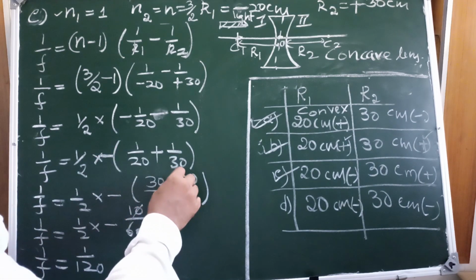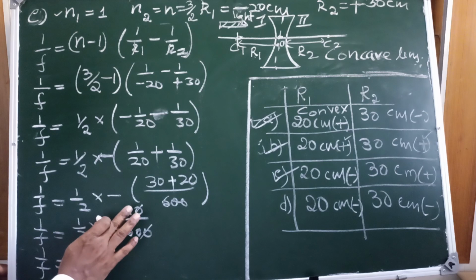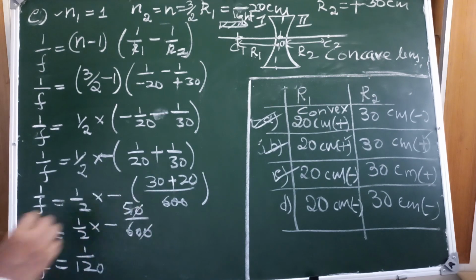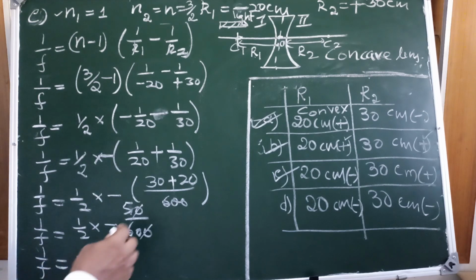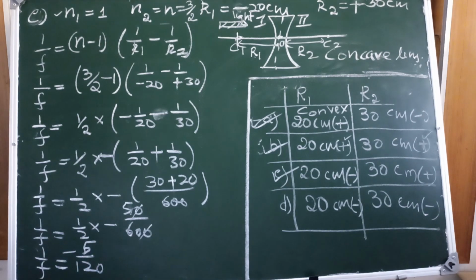Again it becomes 30 plus 20, it becomes 50. What we are getting then is 5 by 120 with the negative sign.